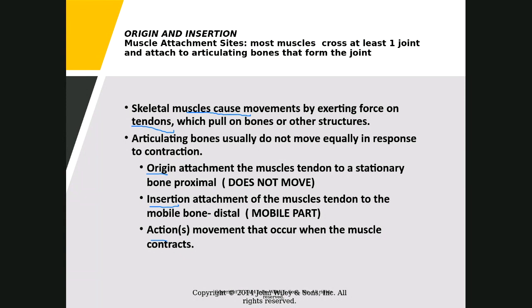The origin is the attachment of the muscle via the tendon to the stationary proximal part of it. So the origin does not move. The insertion is the attachment of the muscle via the tendon to the part that moves, the mobile part. And the action means what movement occurs when the muscle contracts.